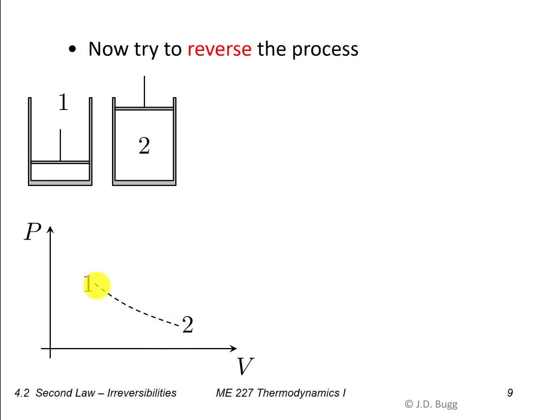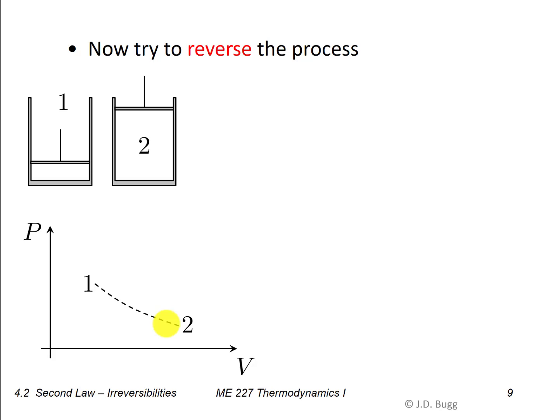The gas between this point and this point is not at equilibrium, so we can't characterize the pressure, the temperature and the specific volume of this gas by a single number. So we get from here to here, yes, those are our endpoints, yes, they're at the same temperature, but the intermediate states we really can't say anything about, at least on a simple PV diagram. So that's our original process from 1 to 2.